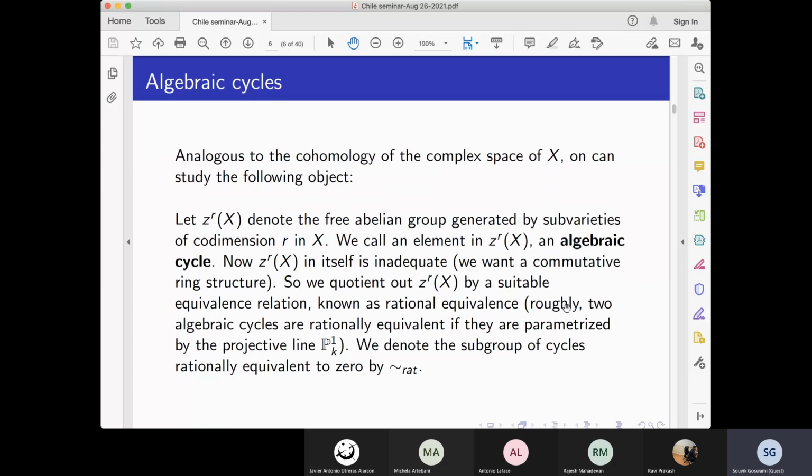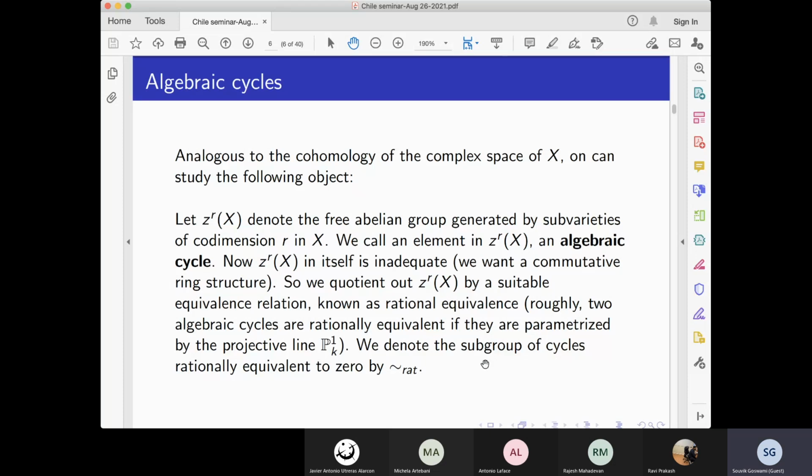A very rough idea: two algebraic cycles are rationally equivalent if they're parametrized by a projective line P^1. So one can go from one algebraic cycle to another through the projective line. In one sense, it's a homotopy between one cycle and another by P^1.